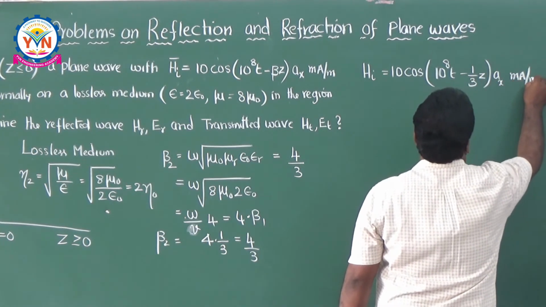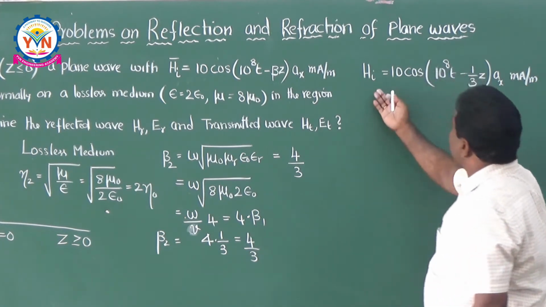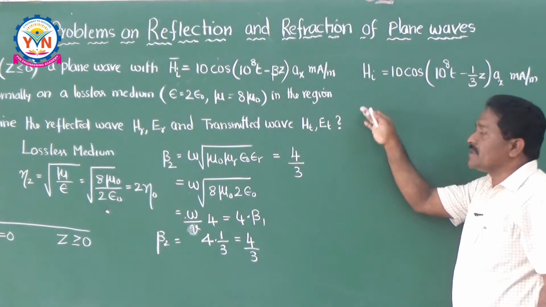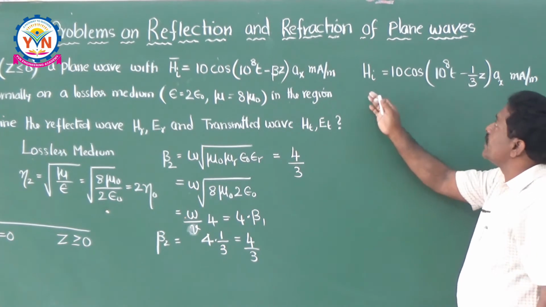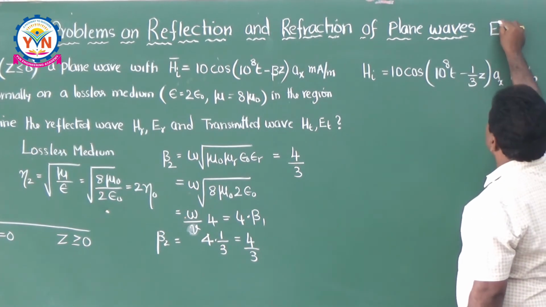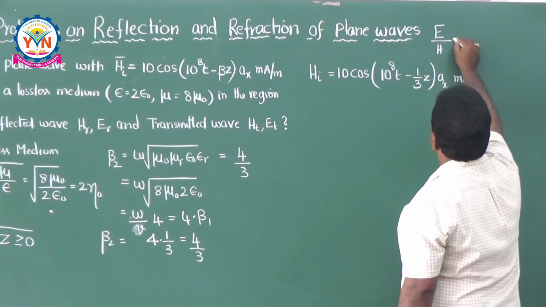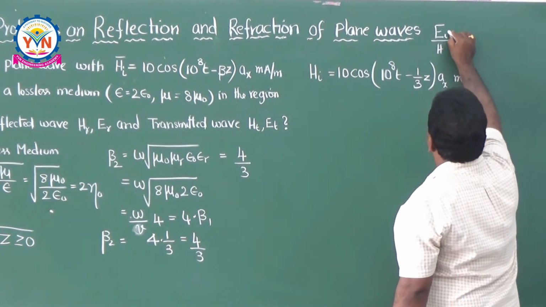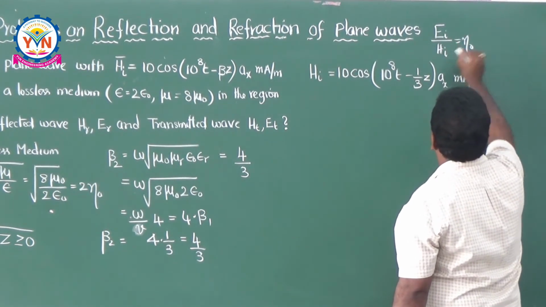Now I can write the electric field equation from this, because you know the E and H relation: E by H is eta. So E_i by H_i is equal to eta naught.